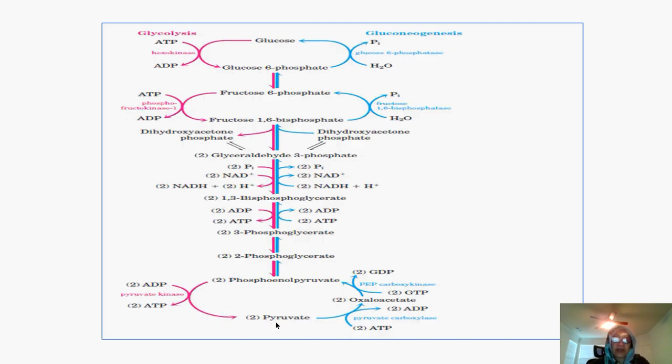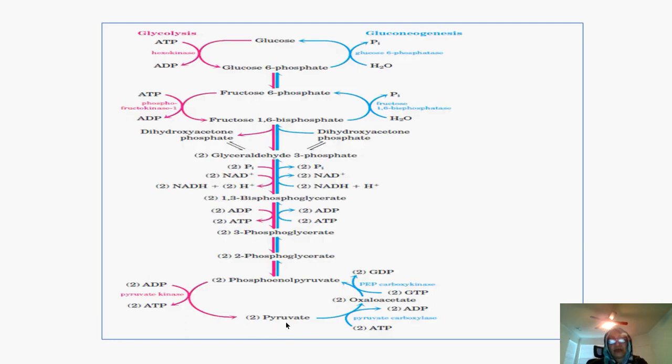So it will start with pyruvate, and it has to go from pyruvate to phosphoenolpyruvate. The enzyme that catalyzes the opposite reaction, pyruvate kinase, cannot go back and convert pyruvate to phosphoenolpyruvate, because that reaction is not reversible. So we call them bypasses.